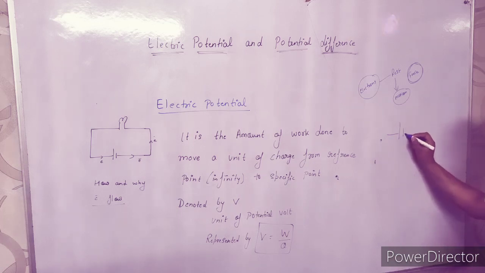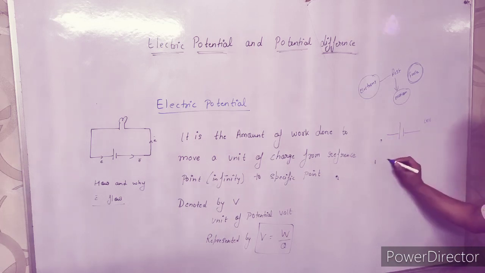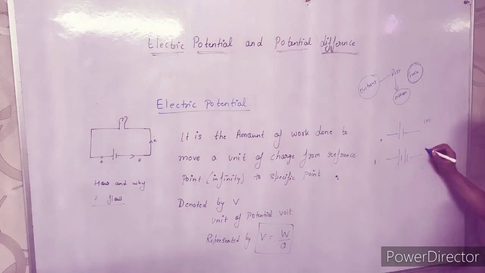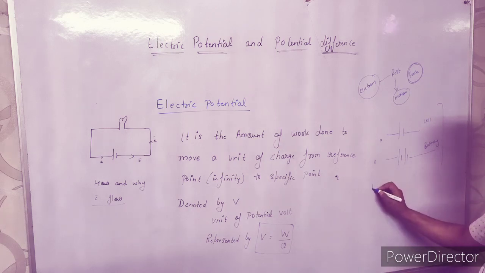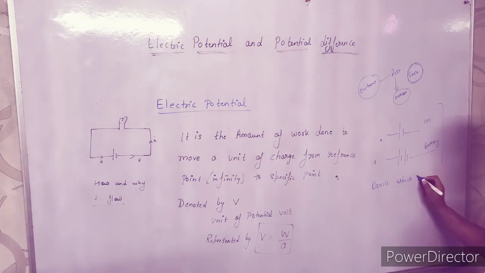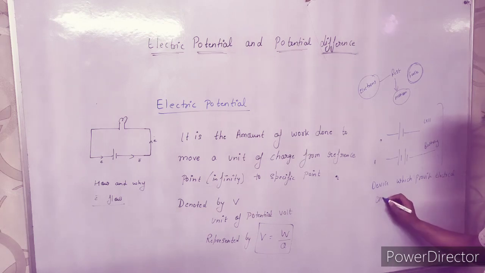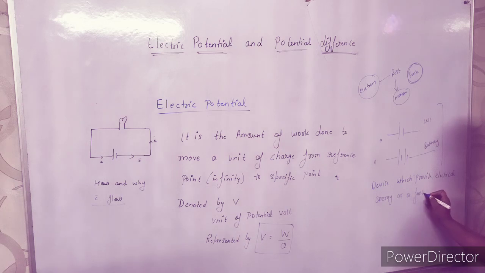As we know, this is the cell and this is the battery. Cell and battery are devices which provide electrical energy or a force to move an electron.